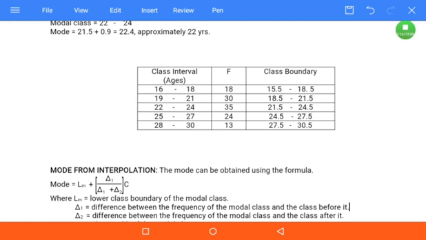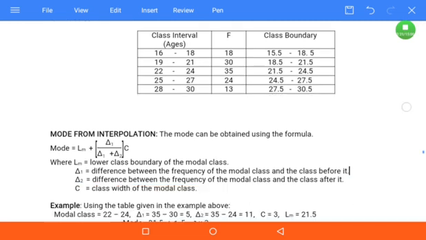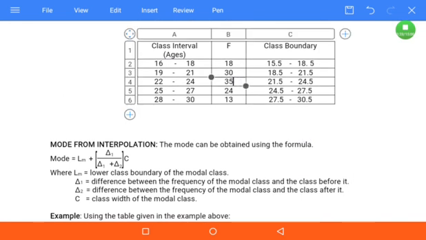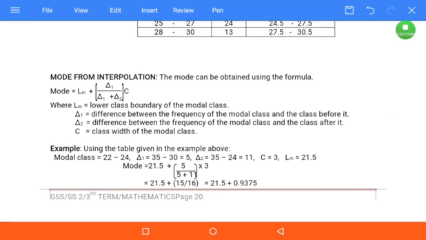So which frequency is before 35? That's frequency 30. So you do 35 minus 30. That gives the difference between the modal class and the class before it. So you get 5. Okay, so you can see that we have 5 in our solution.